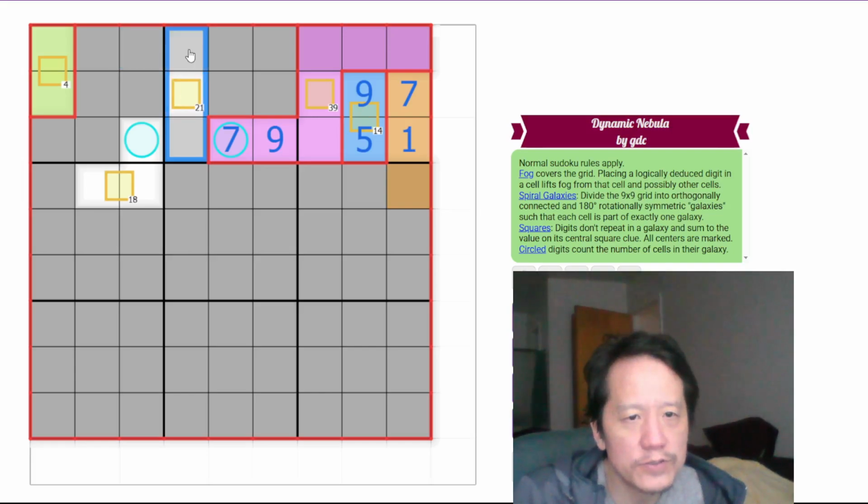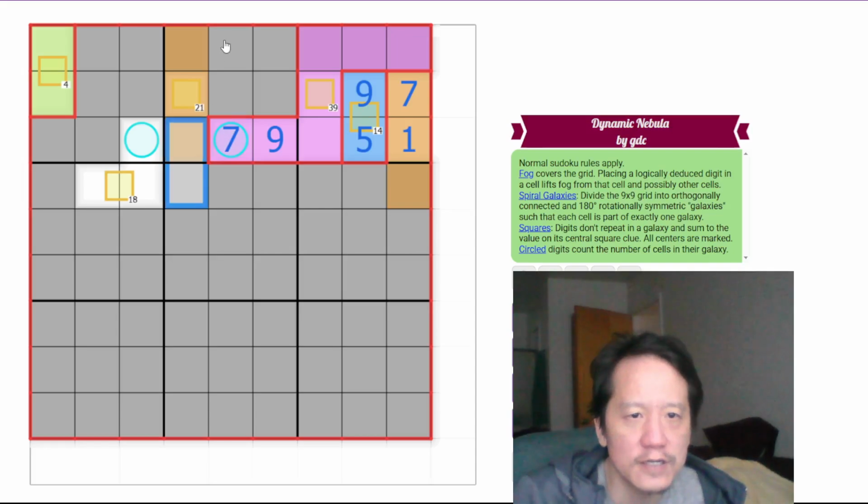Okay. So this galaxy must be exactly 5 cells. What does this galaxy look like, right? If we assumed that these were not part of the galaxy, this could only be 3 in size because it cannot go here.